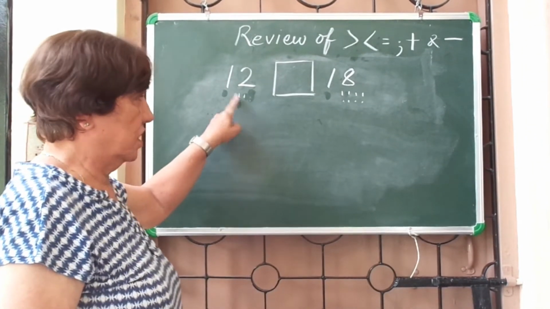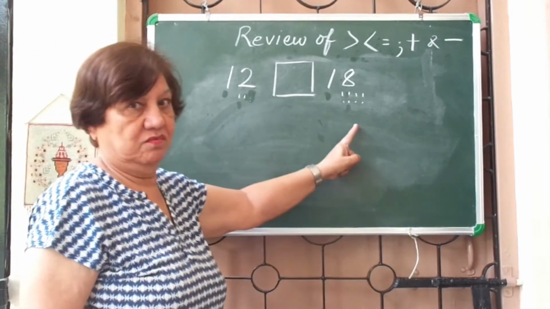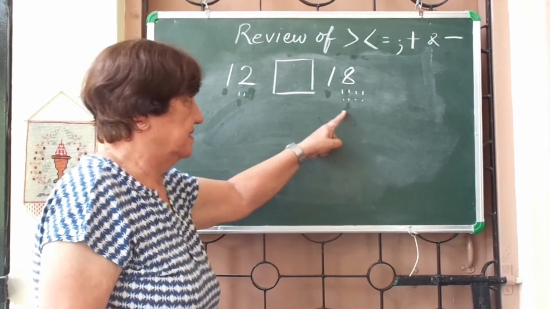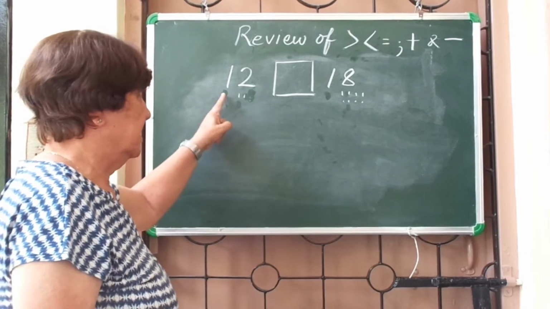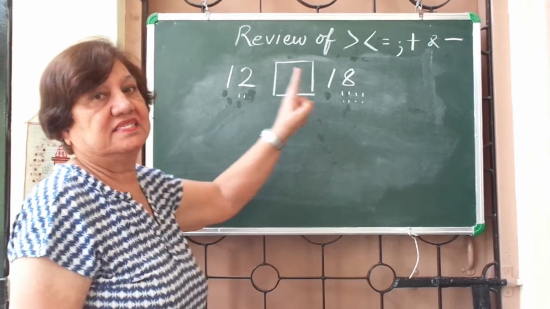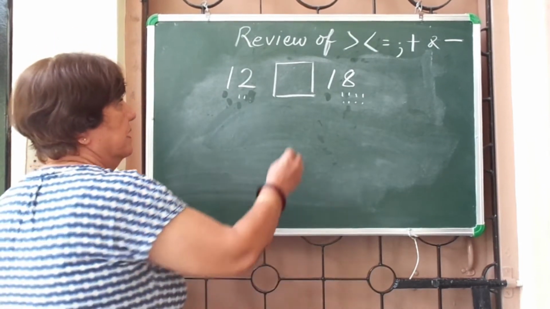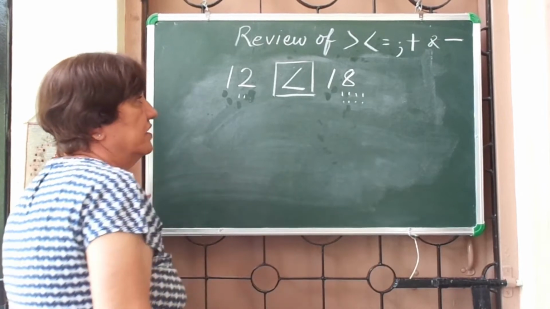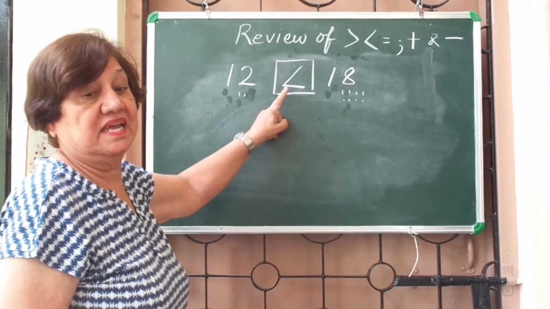This is 2 dots, this is 8 dots. So which one is greater? The one with 8. And what number is this? 18. 18 is greater than 12, or I will say 12 is less than 18. So which side will the Machikamu be open? It will be next to 18. So how do I write it? I write it like an L, a big case L.